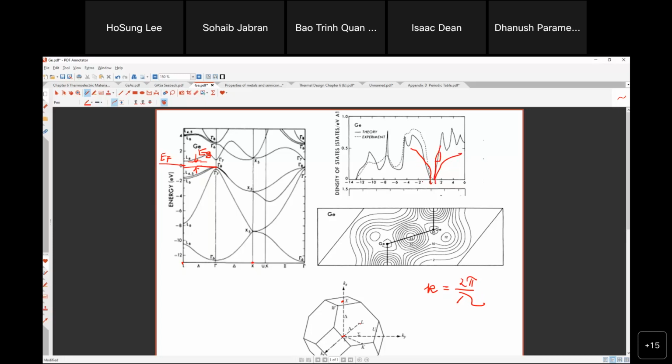Do you see? That's what the steep density of state, steep is better, and then fewer electrons is better, and holes, more holes, more density of state is better. Something like that. We can have some from the theoretical.